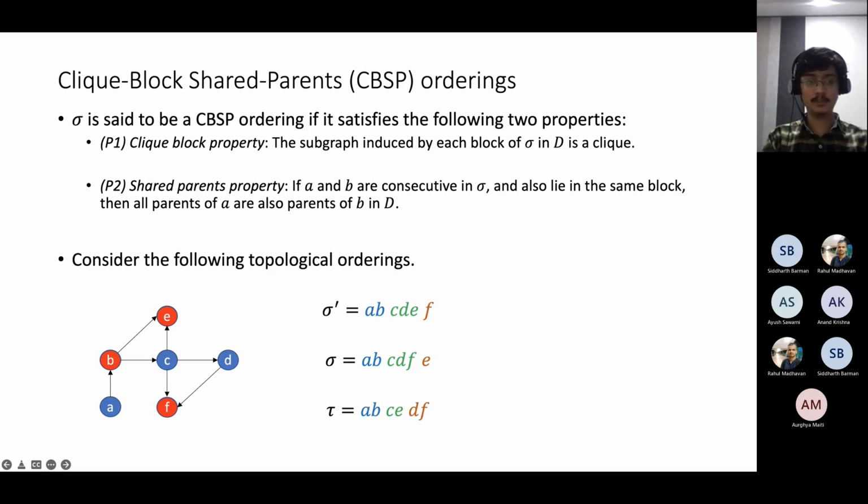There is no parent of A which is not a parent of B. And similarly for CE, C is a parent of E, and B is also a parent of E. So this block is also fine. And finally DF, D has a parent C, and C is also a parent of F. Therefore, we can check that this tau also satisfies the shared parents property. Therefore, we conclude that tau is a CBSP ordering.